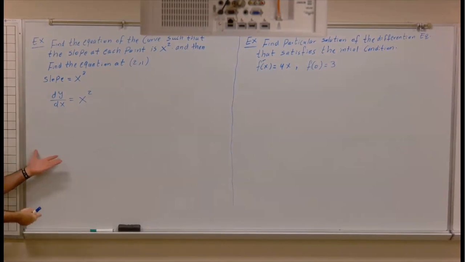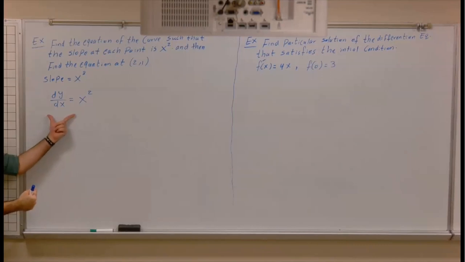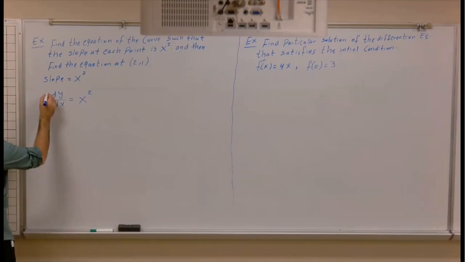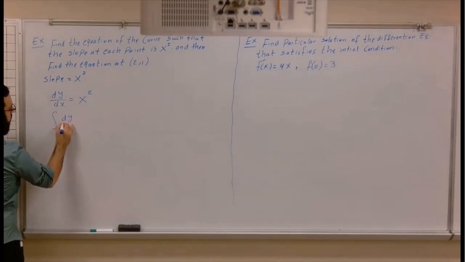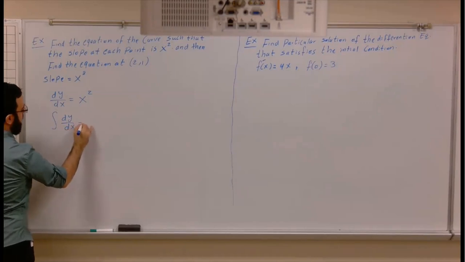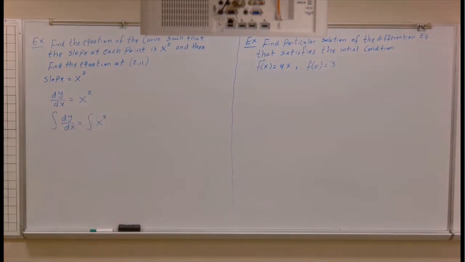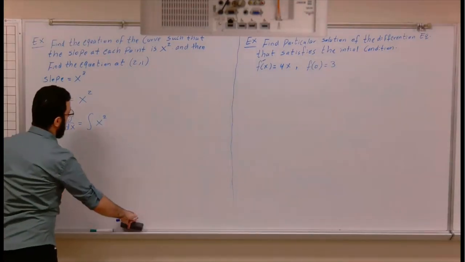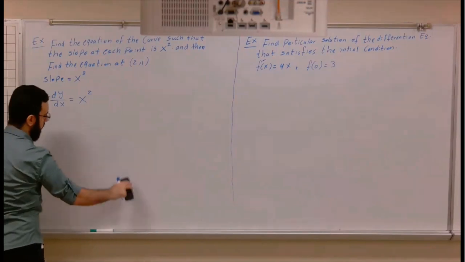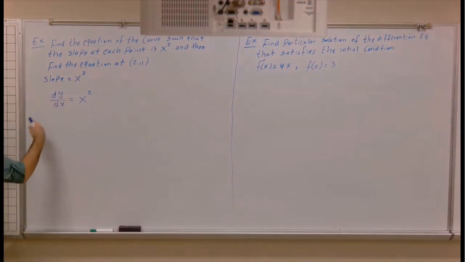To find the equation, I need to do the integral, so I'm going to take the integral of both sides. That means the integral of dy with respect to x equals the integral of x squared. But before that, I'm going to multiply both sides by dx.